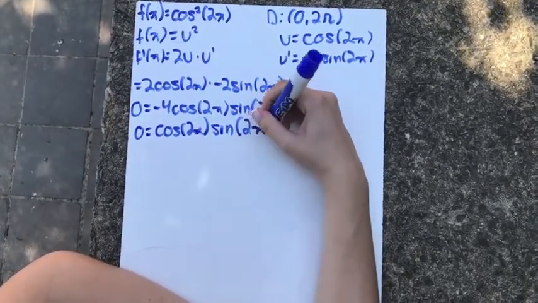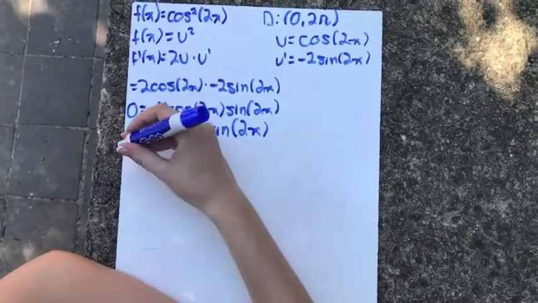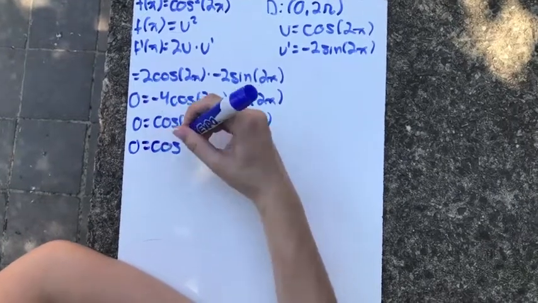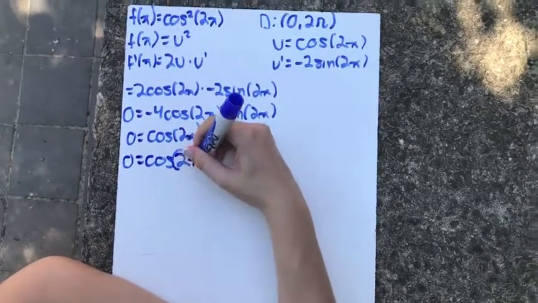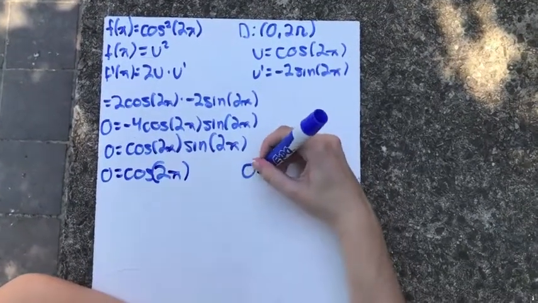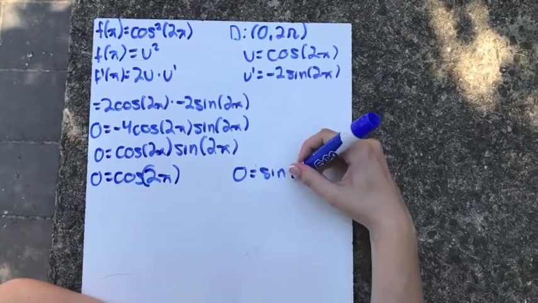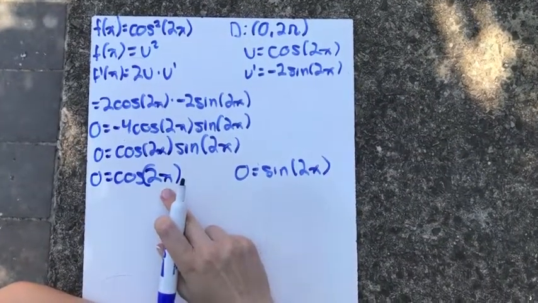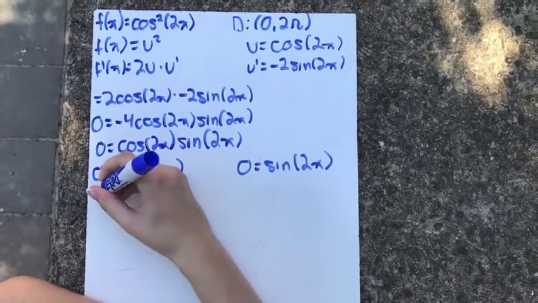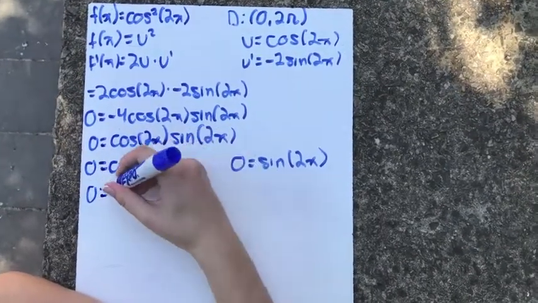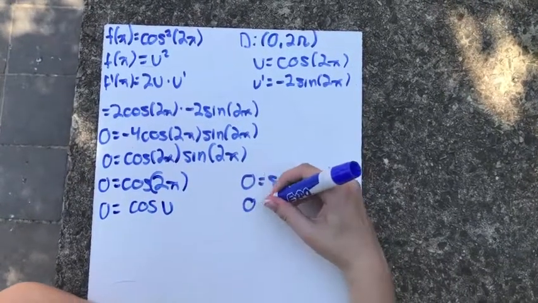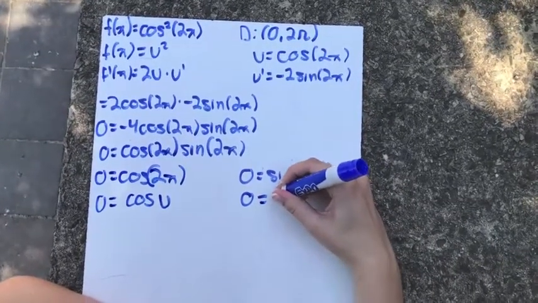Now what we can do here is break it up into cosine and sine. So we'll have 0 equals cosine of 2x, and then 0 equals sine of 2x. Now what we can do to make this easier is substitute a u in. So we'll have 0 equals cosine of u, and 0 equals sine of u.